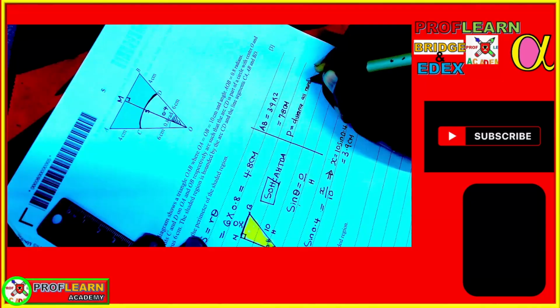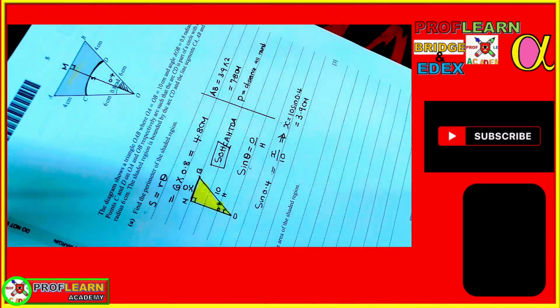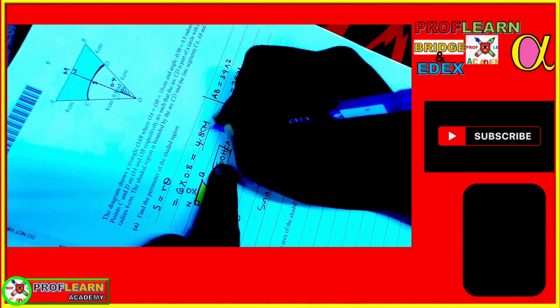Perimeter is distance all round, and distance all round will be what? It includes the arc length which we had gotten here.